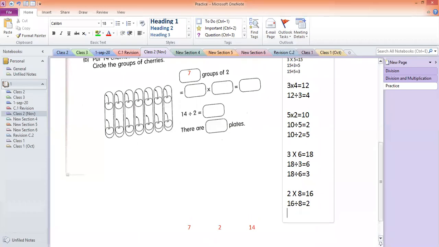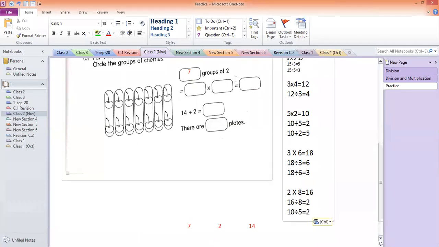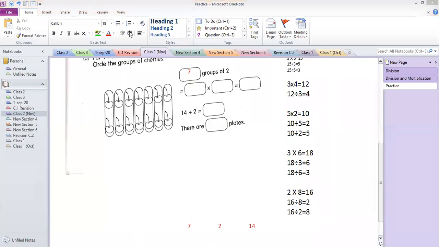The answer is 2. If I divide 16 by 2, then the answer will be what? The answer is 8. Very good. So I hope you understand, guys.